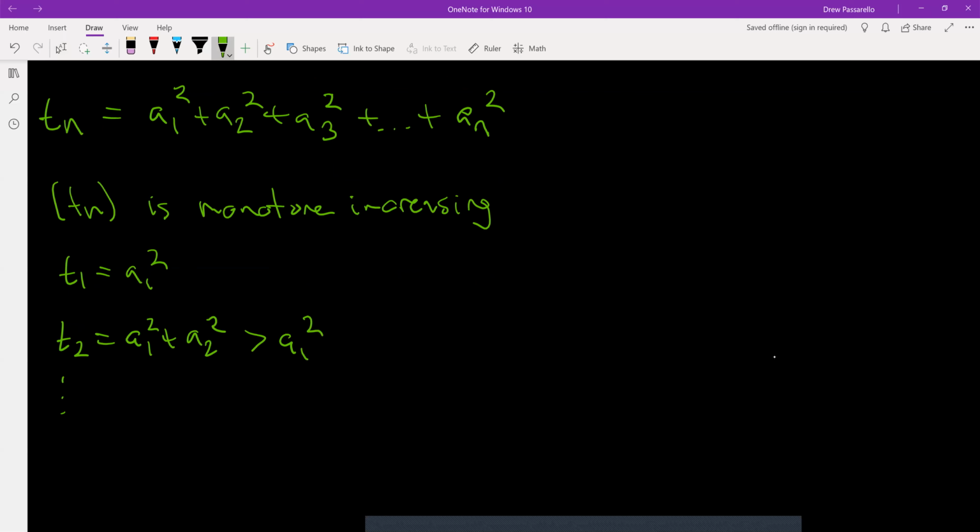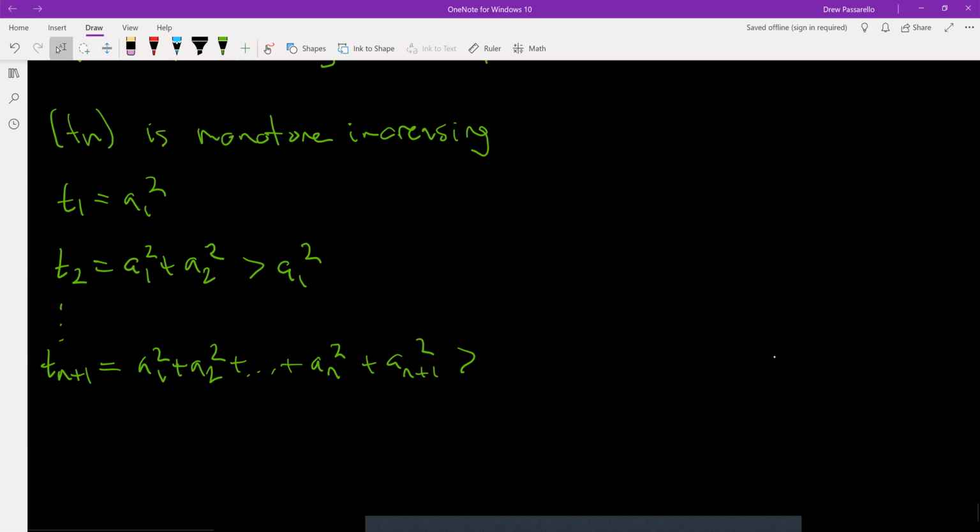So then dot dot dot Tn, or sorry, T of n plus 1. That's greater than Tn, right? That's a1 squared all the way up to an squared.